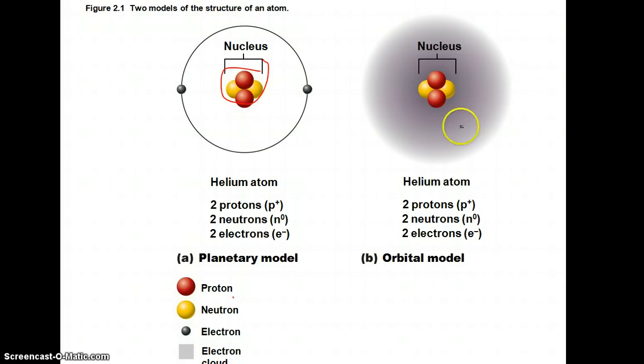And then on the orbital model, you have in the nucleus your protons, which are red, and your neutrons, which are yellow, and then it shows the electron cloud. So it's not necessarily going to be a circular motion like the planetary model shows, like the planets revolving around the sun.